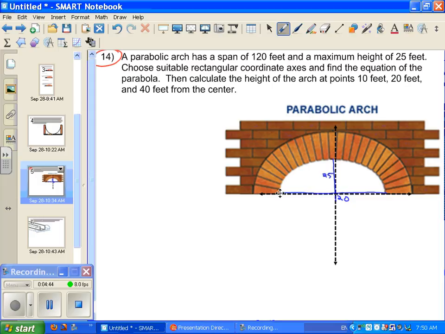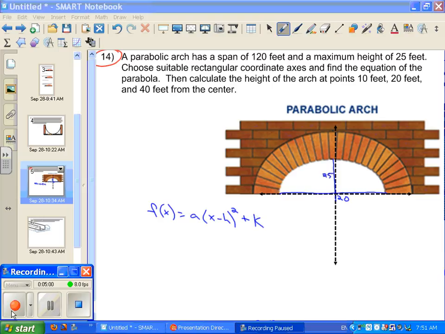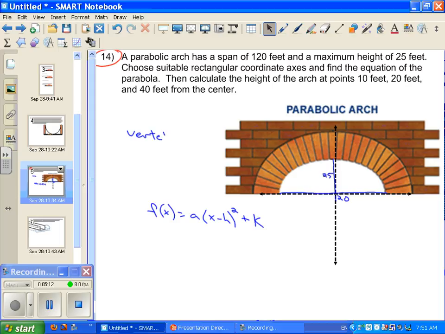All right, now my formula looks like this. So we want my vertex. Where is my vertex going to be? This is a coordinate system.